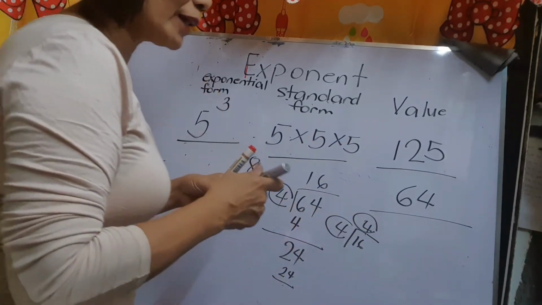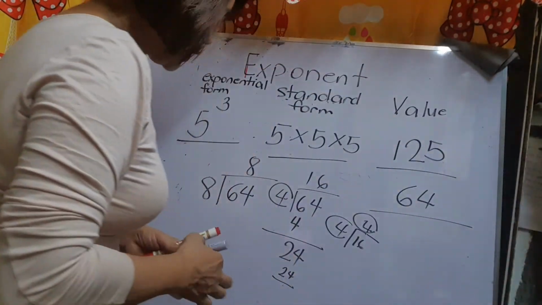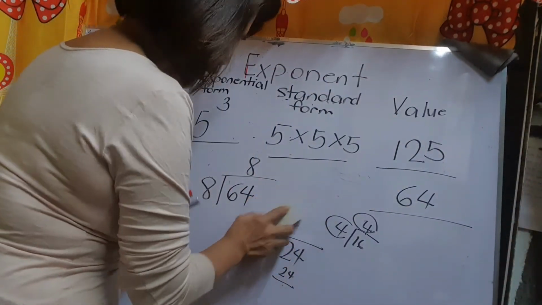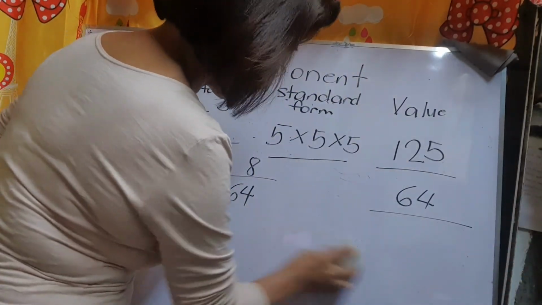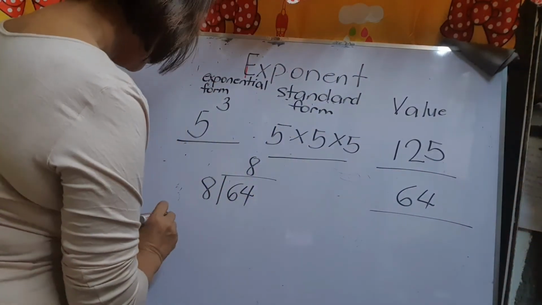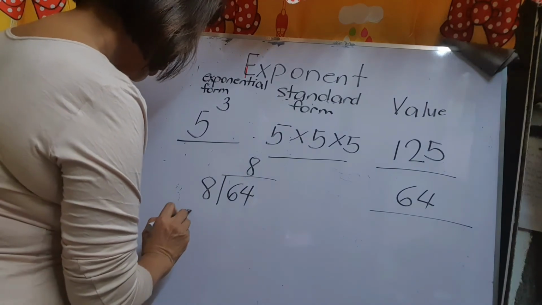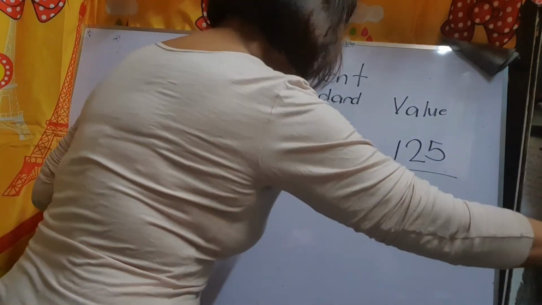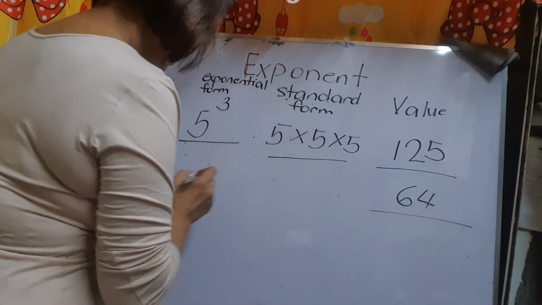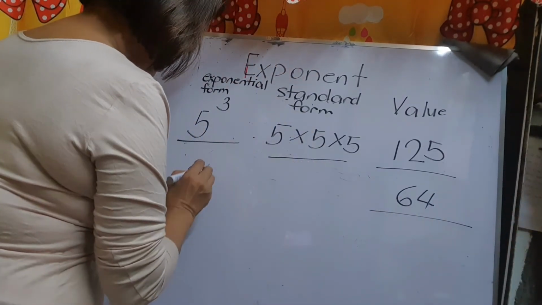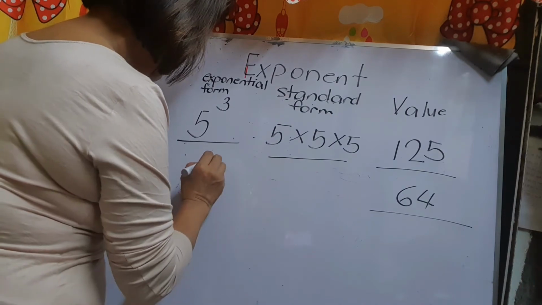Okay, so ibig sabihin, dalawa. Lagay natin dito yung isa, so 4 to the third power. Dito naman sa isa, 8. Okay, let's put it here, 8 to the second power.